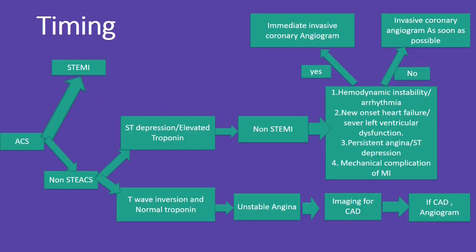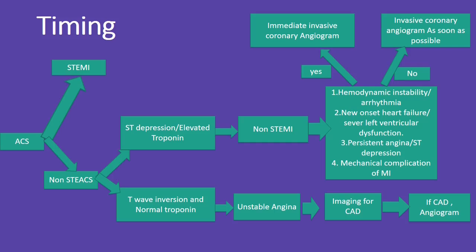This is the summary of revascularization in non-ST elevation acute coronary syndrome. When you have a patient with acute coronary syndrome, on ECG, if there are ST elevations, you will diagnose ST elevation MI straightaway, and the management we discussed previously in a separate video.